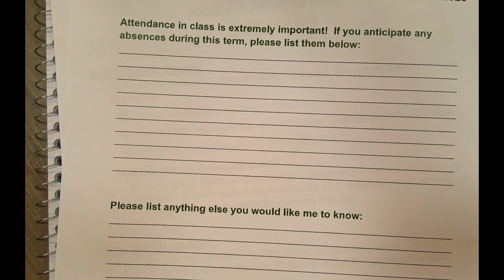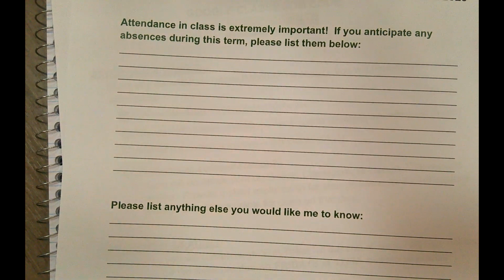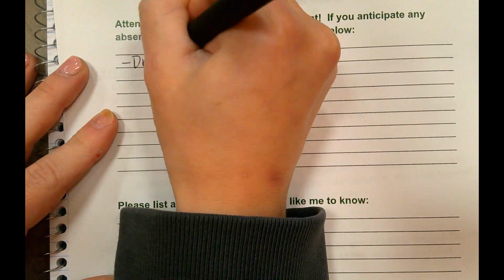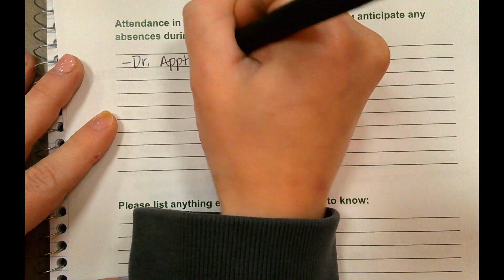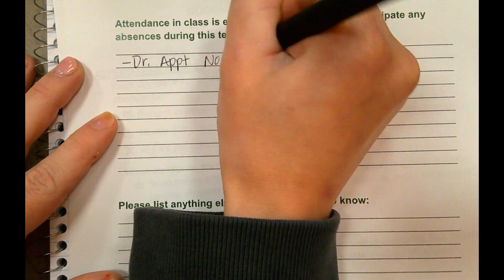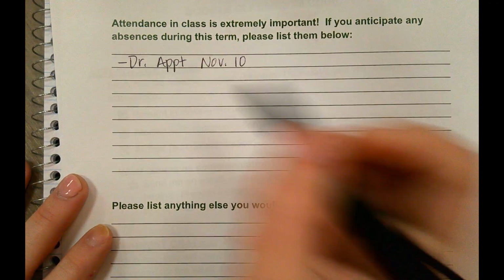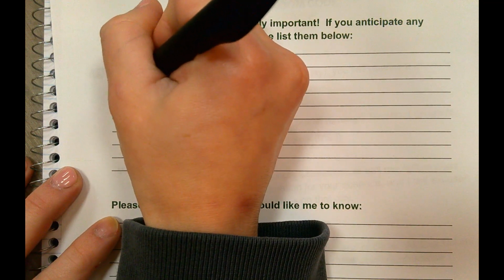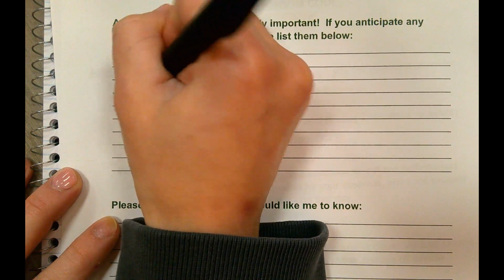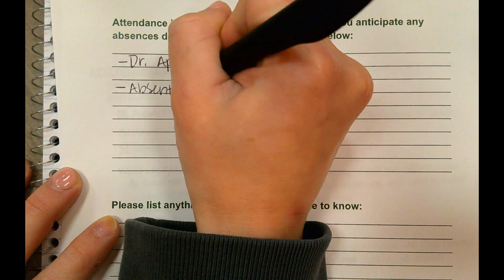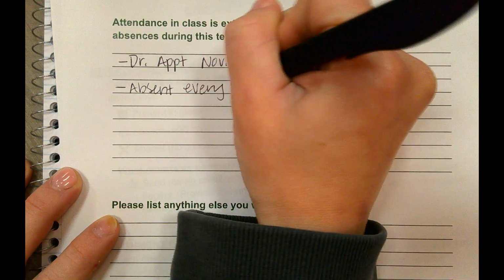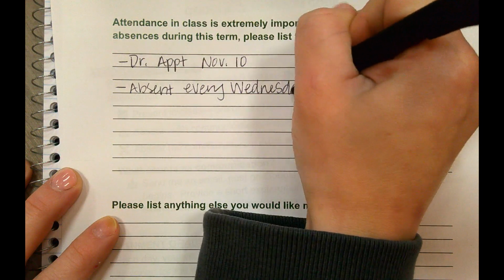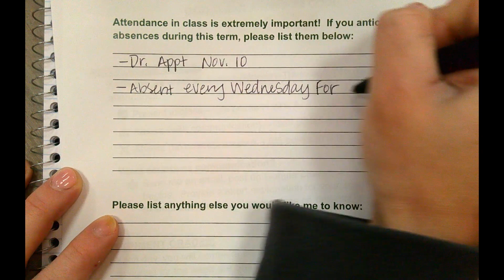I'll write that here. So in this space, you can write, if you know, like, I have a doctor appointment on November 10th. That's a while from now. But then also absent, this is an example, every Wednesday for work.